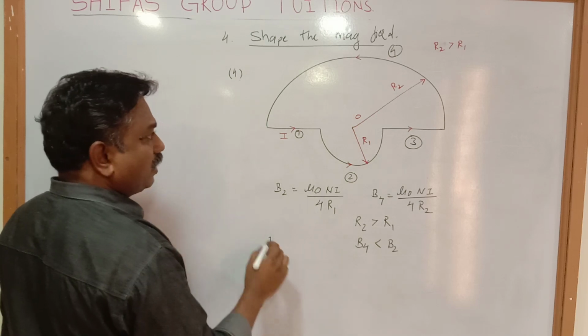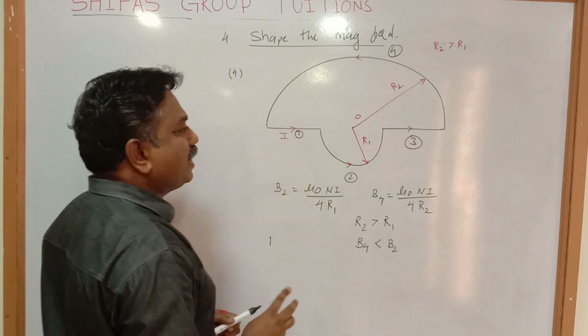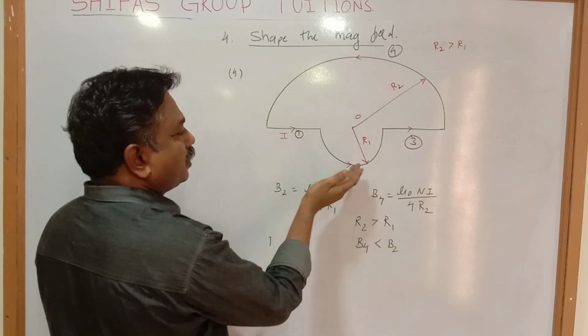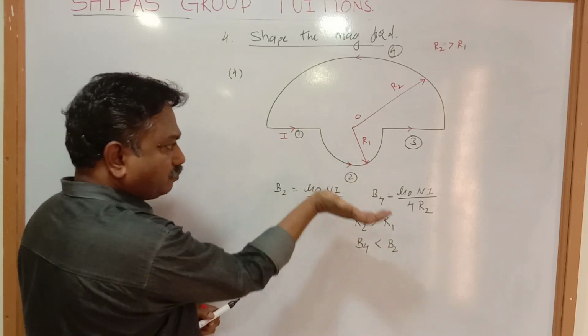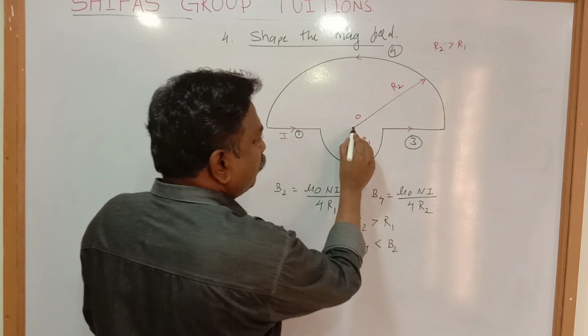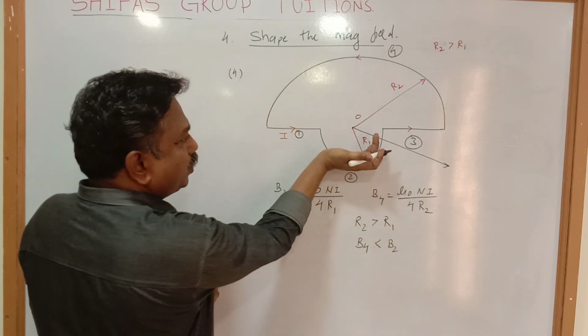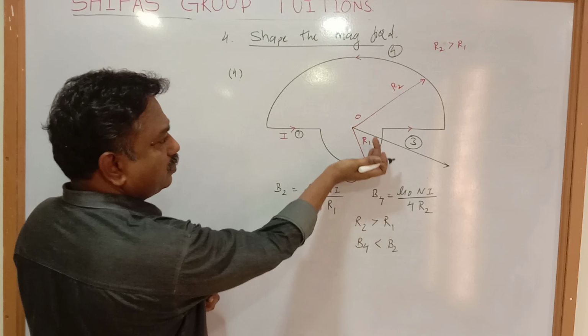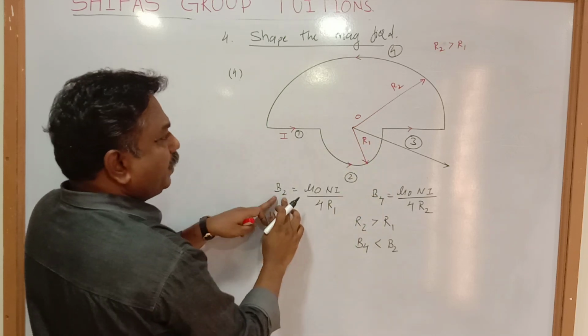If we want to write the total magnetic field, and naturally we need 3D imagination, look at this part, the current passing is in this manner. So the magnetic field produced by part number 2 is B2.